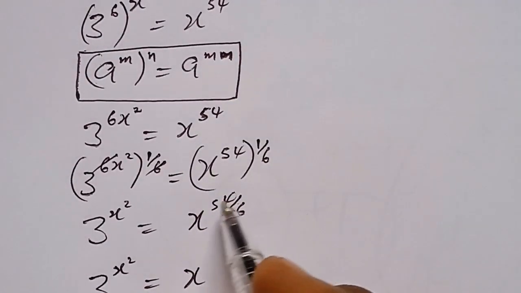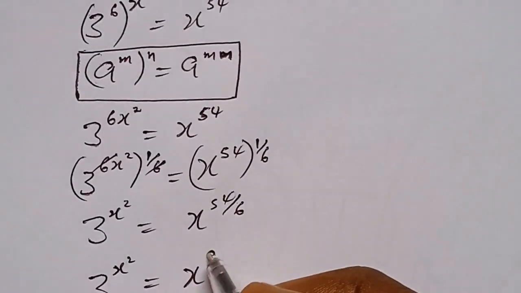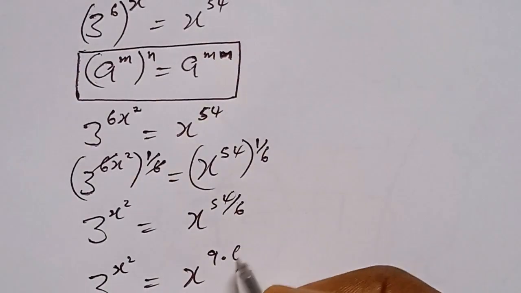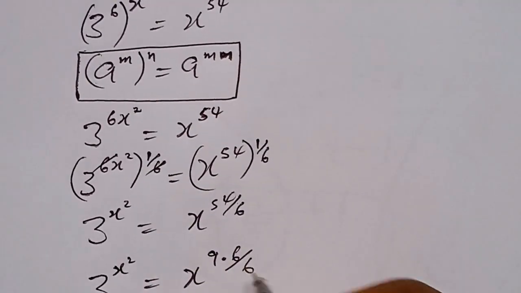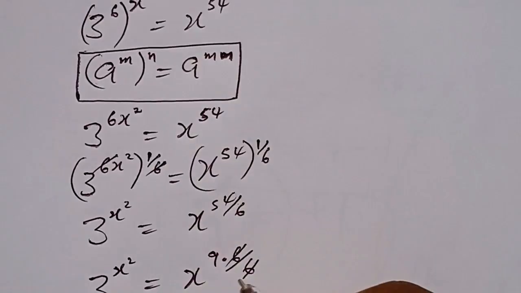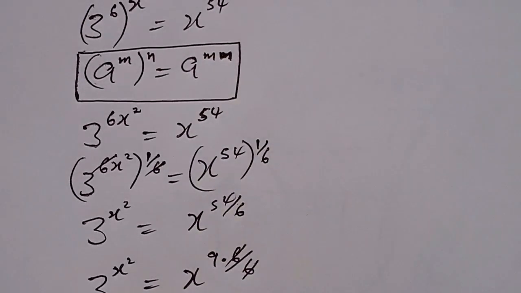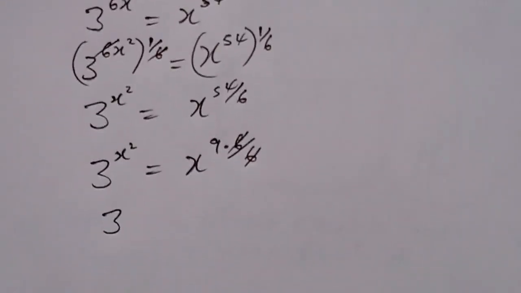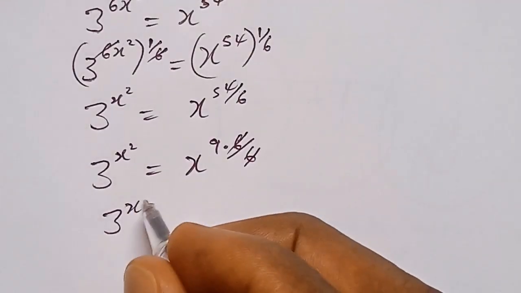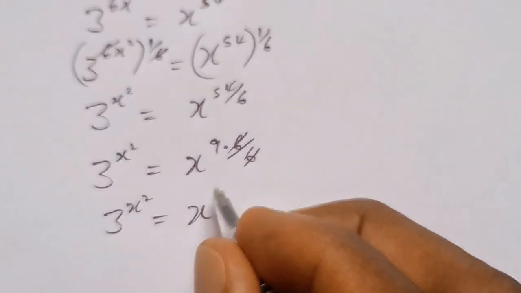This 54 at the exponent can be simplified as 9 multiplied by 6 then over 6, such that this 6 we cancel out with this 6. So we are now left with 3 to the power of x squared equal to x to the power of 9.